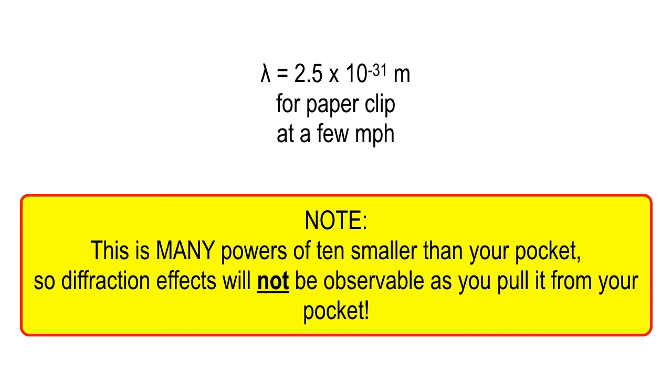Anyway, I get this idea that Flash is able to go really fast, right? So Flash is going to go zapping through that doorway, and he's going to get even less diffraction.